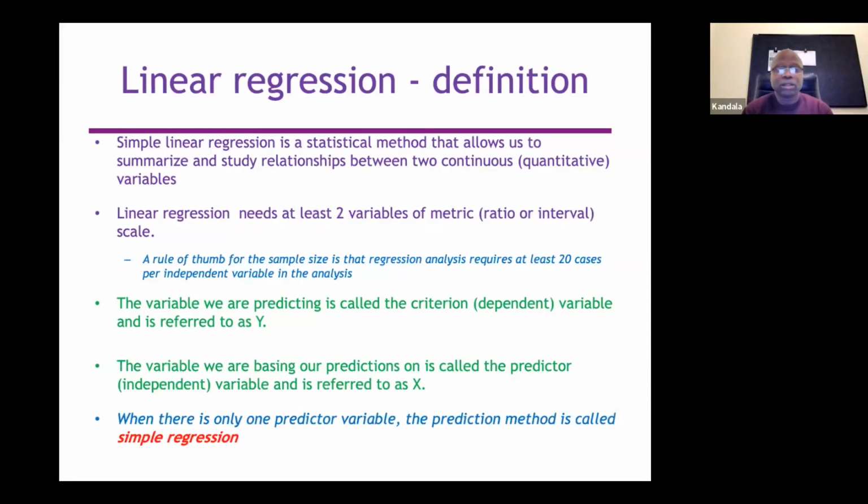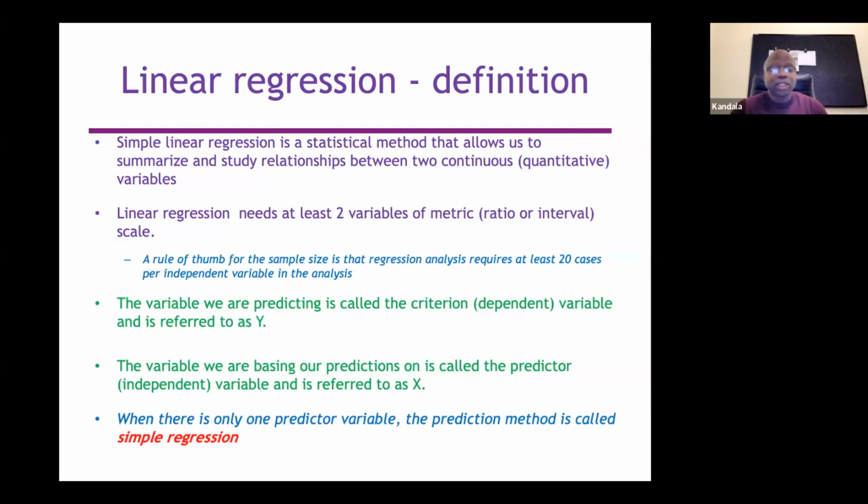We start with a simple linear regression, which is a statistical method that summarizes the relationship between two quantitative variables. So linear regression really needs at least two metric variables. These can be ratio or interval scale variables.